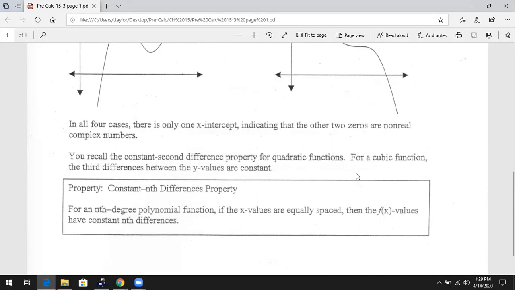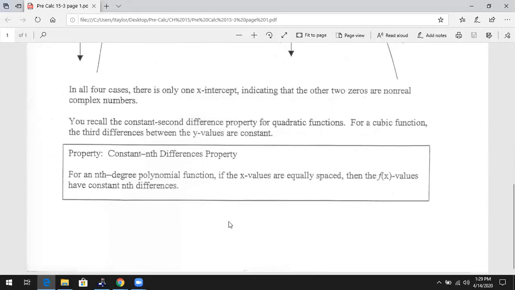Now, you recall the constant second difference property for quadratic functions says for a cubic function, the third difference between the y values is constant. And it actually is a constant nth difference property that says for an nth degree polynomial function, if the x values are equally spaced, then the f of x or y values will have a constant nth difference.